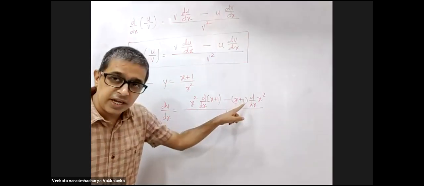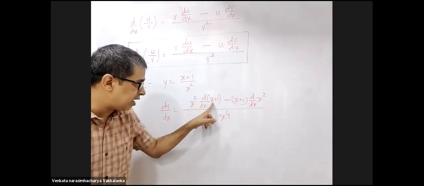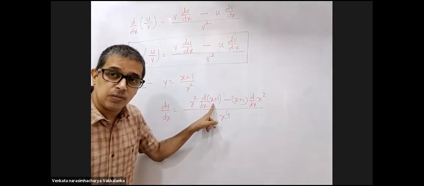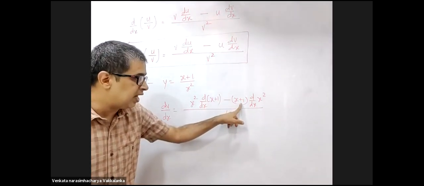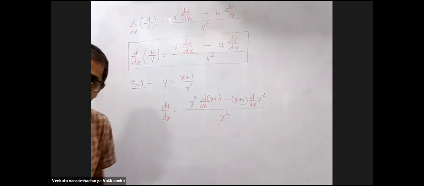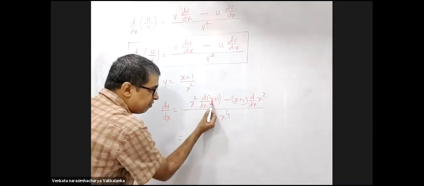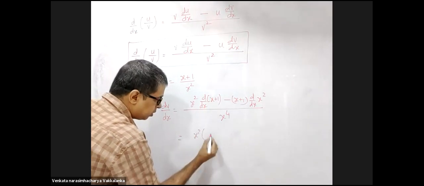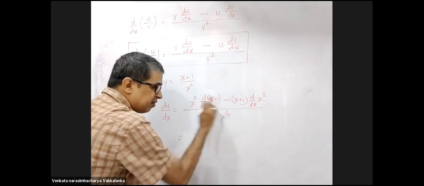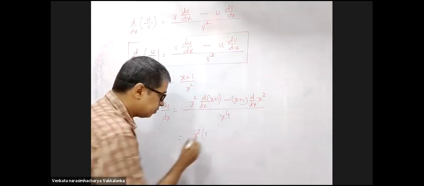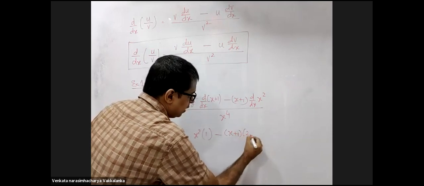You cannot change this sequence. Keep the denominator as it is, differentiate the numerator first. Minus. Keep the numerator as it is, differentiate the denominator. x square. Differentiation of x with respect to x is how much? 1. Differentiation of 1 is 0. x plus 1 into 2x.